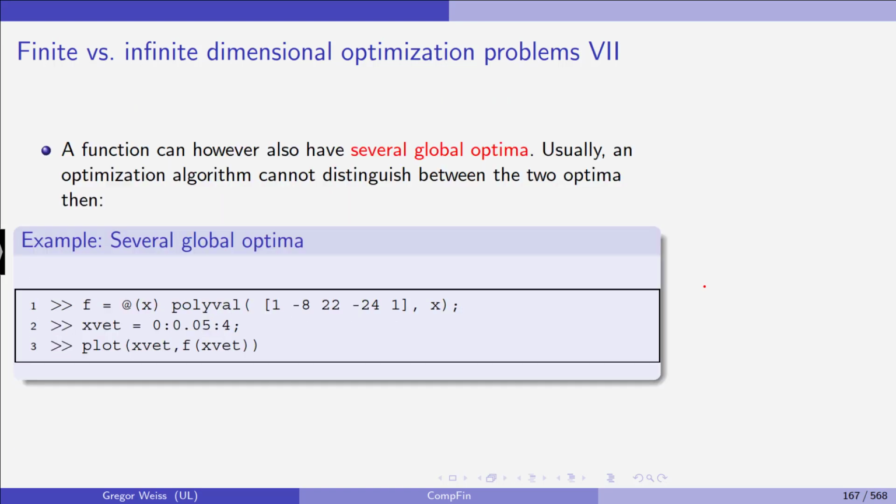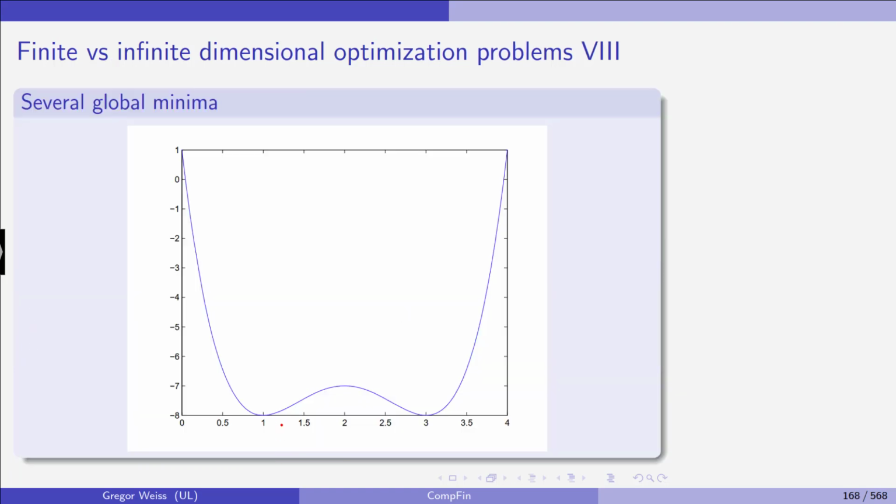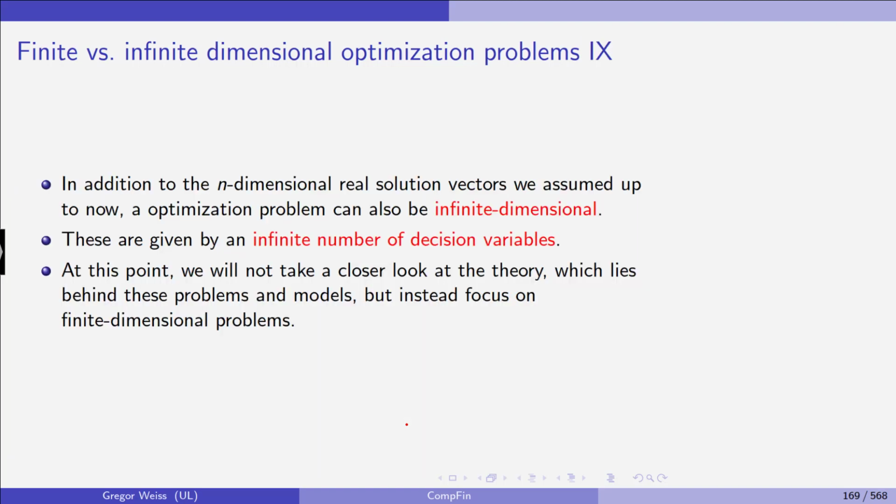Now, a function can also have several global optima, and then the optimization algorithm will usually not be able to distinguish between the two. So let's have a different example. Let's use this polynomial, and you see we get one global minimum here and one minimum here, and they are both equal. We cannot distinguish between the two. They're both globally minimal.